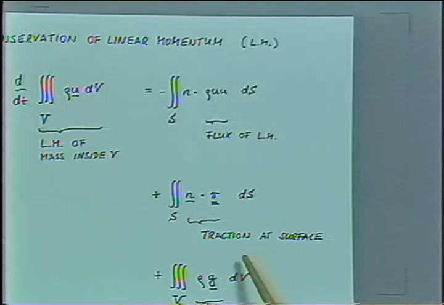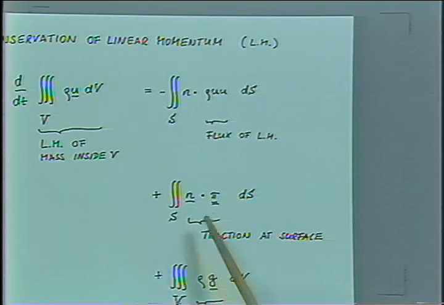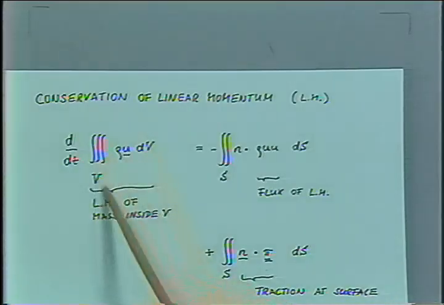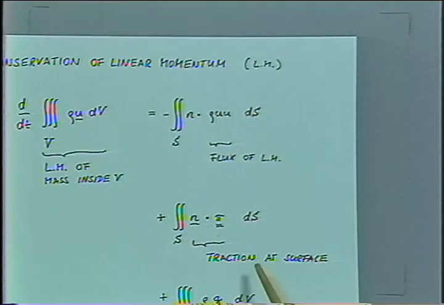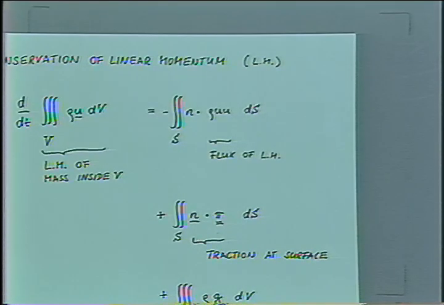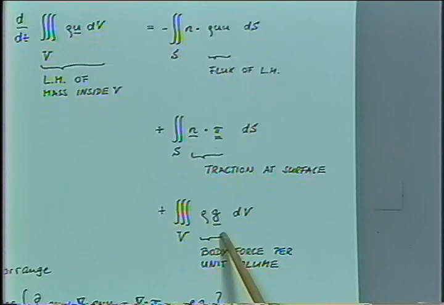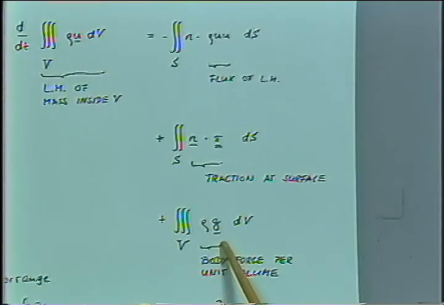Now, the stress will give rise to some traction on the surface, n times pi, and this traction will accelerate or decelerate the liquid in our control volume and will therefore change the momentum. It will add to this contribution. We have to integrate the traction over the entire surface area to get this contribution. And then there might be some body forces on individual material elements in our control volume.